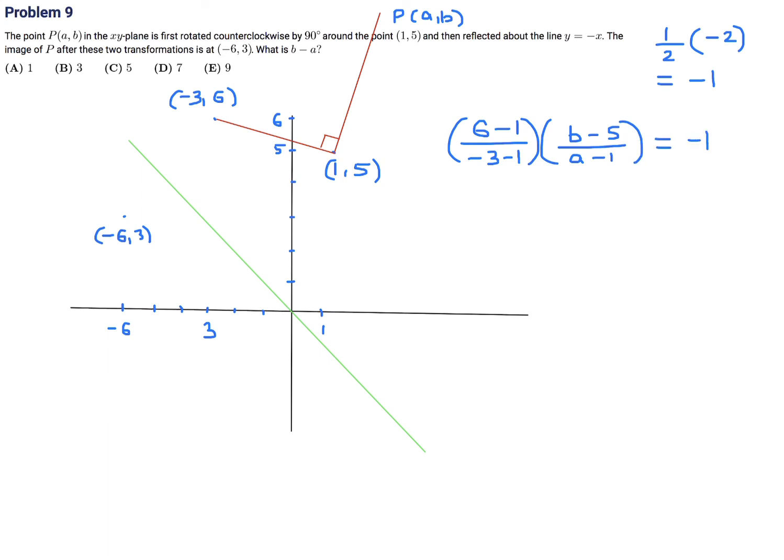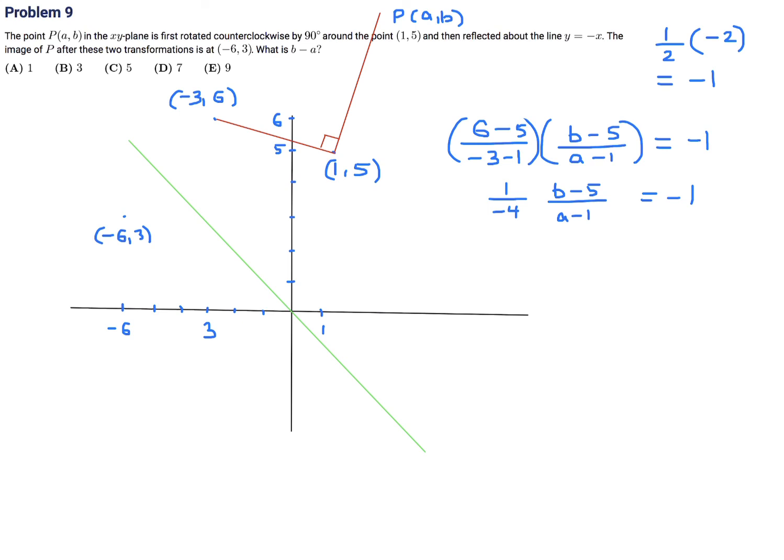And because they're negative reciprocals, that product will be negative 1. Okay, so this looks like, that should have been 6 minus 5. Sorry about that. 6 minus 5. So that's going to be 1 over negative 4 times b minus 5 over a minus 1, equals negative 1.